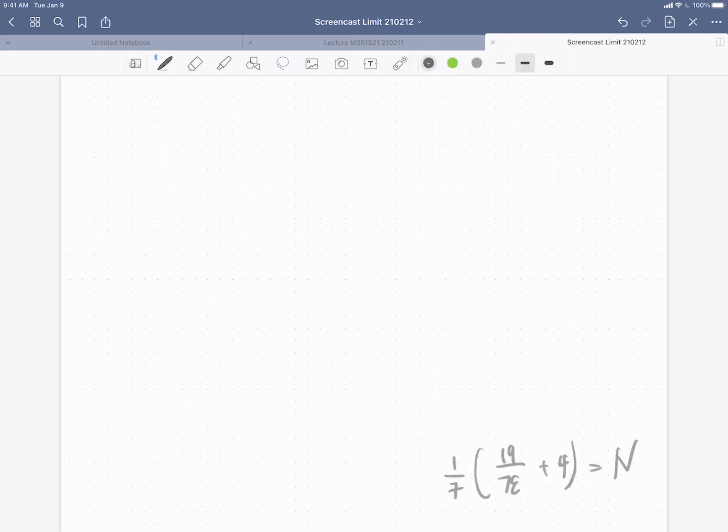So here's the proof. Let epsilon greater than 0 be given.